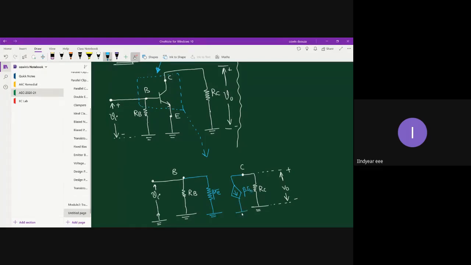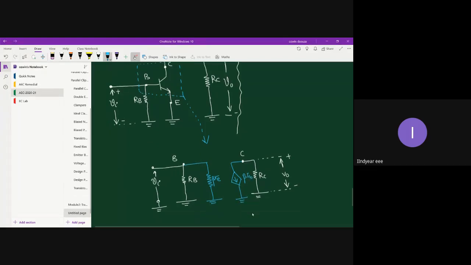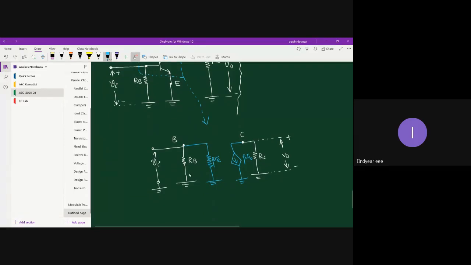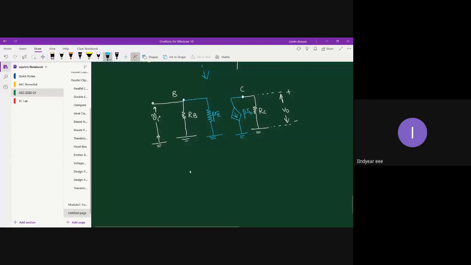That's all, and that is your re model. If you want further simplification, you can connect all these grounds together. Doesn't matter. So this is your re model. This is how we construct the re model.